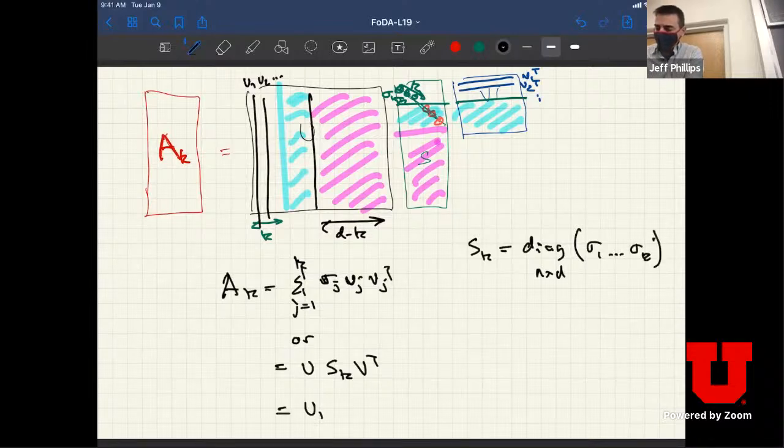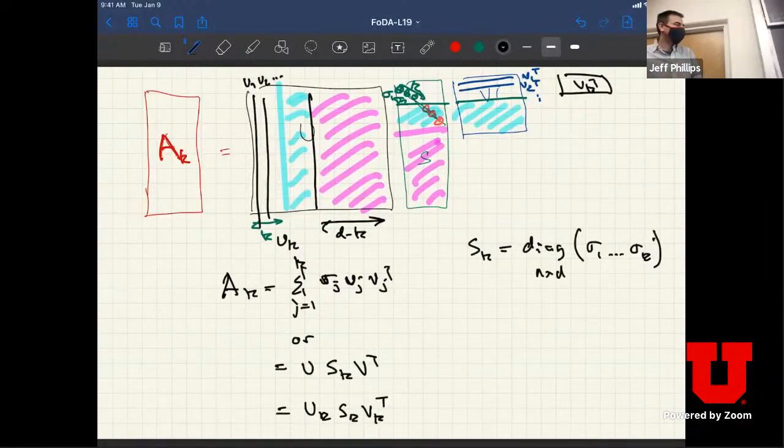Or I can do U_K S_K V_K transpose, where V_K transpose is just the top K of the rows, and U_K is just the first K of the columns. And that's what that last form means.